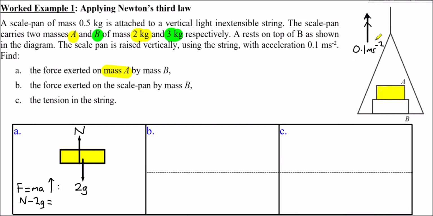So 0.1 going up, which comes from this information here. The acceleration is 0.1, and the mass of object A is 2. So N minus 2g is going to equal 2 multiplied by 0.1.